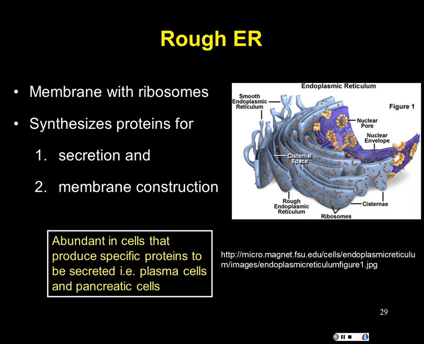Like right in the rough ER. What part of the rough ER would you find the newly synthesized protein? The ribosome is used to make them. Okay, so where are the ribosomes? They're attached to the outside. The proteins accumulate on the inside, or we could use our new word.